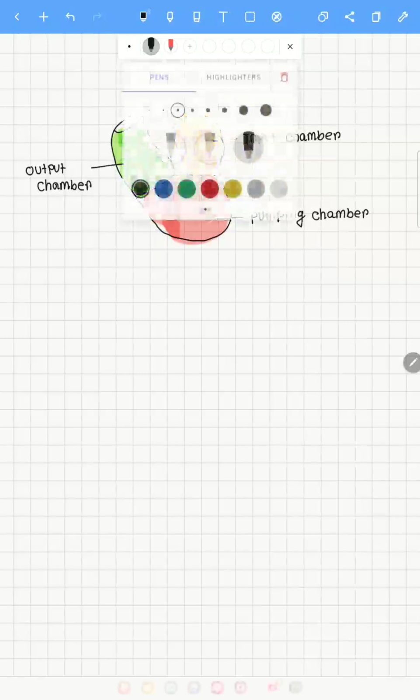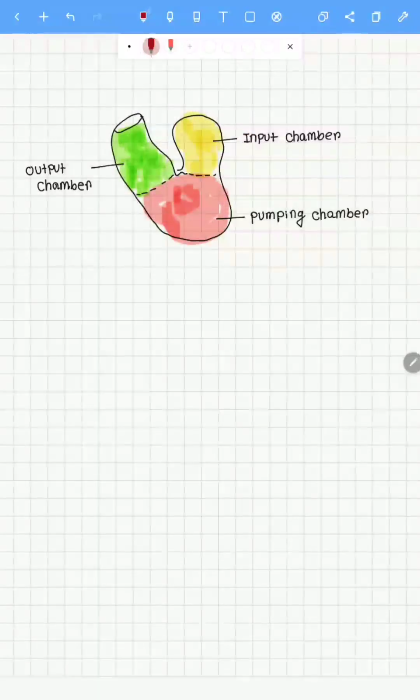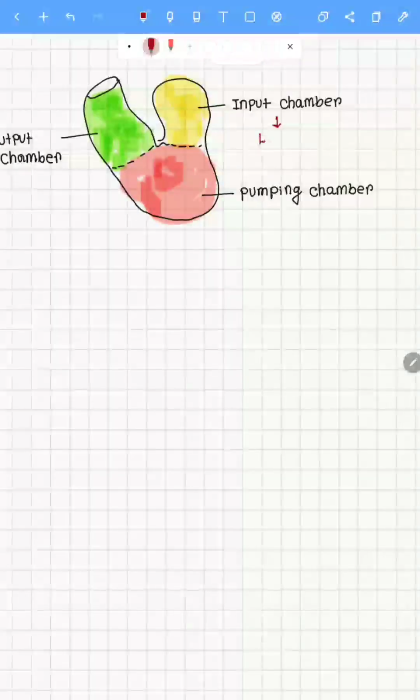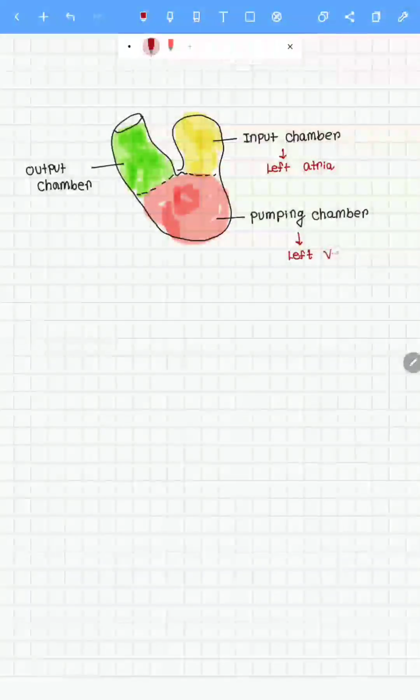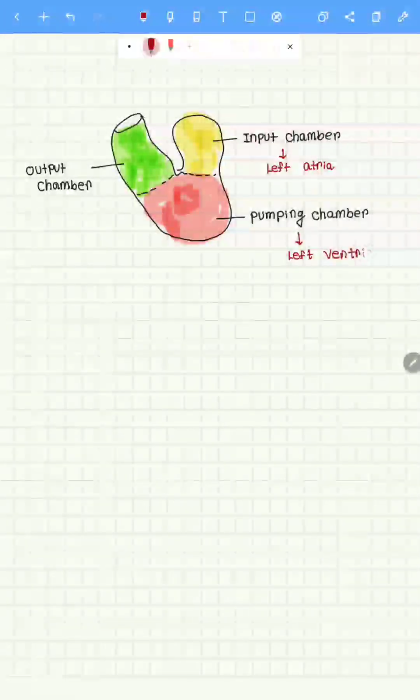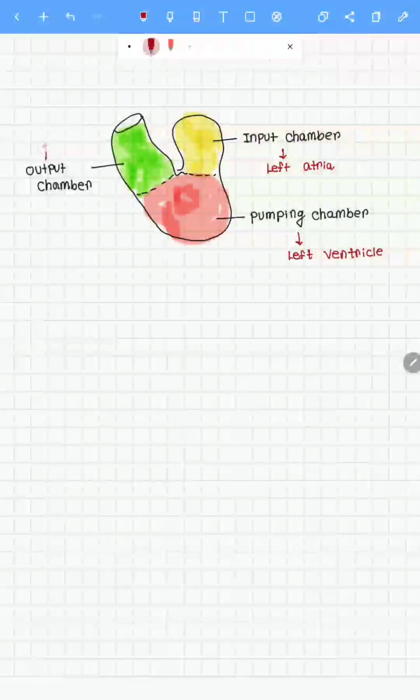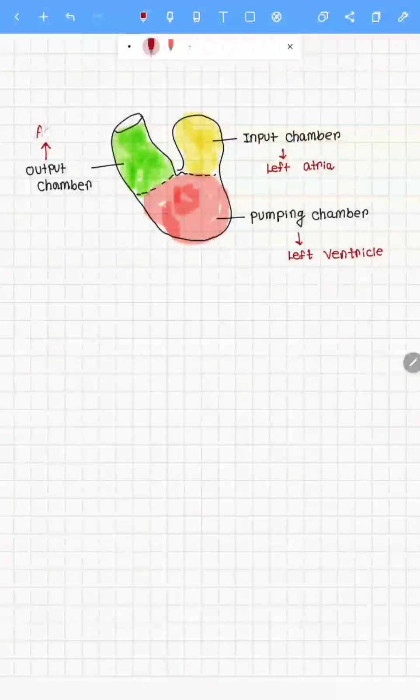Fine. So the input chamber is nothing but the left atrium. The pumping chamber is nothing but the left ventricle. The output chamber is nothing but the aorta.